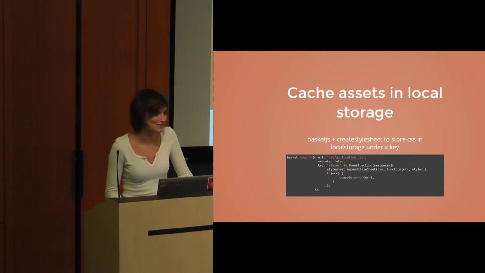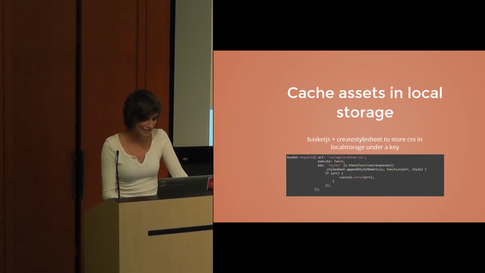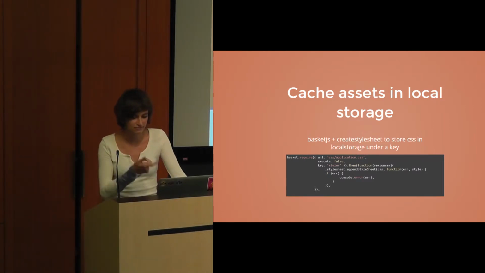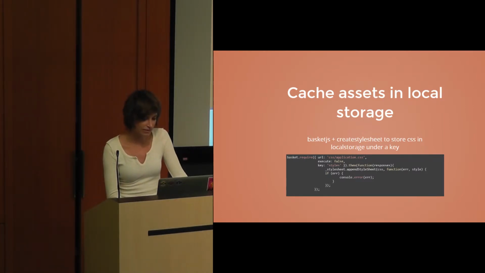I have all the code samples up too, but basically what's happening is you do a basket.require and pass in the URL. For style sheets, you want to set execute to false, and then here we're setting a key called styles, and then we use this library called create style sheet to basically append the styles to the DOM, and it's pretty simple.